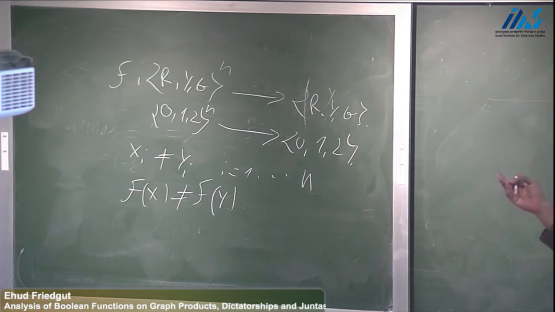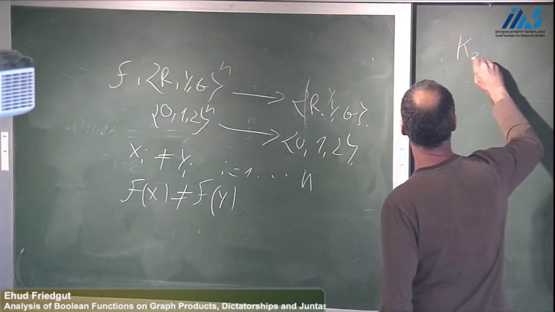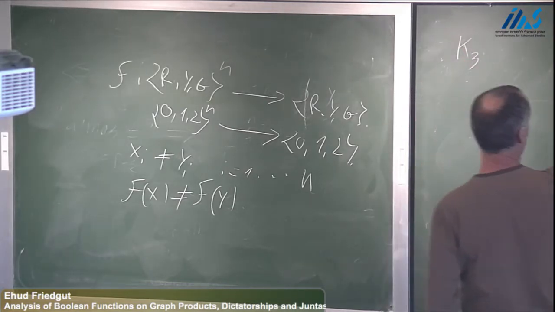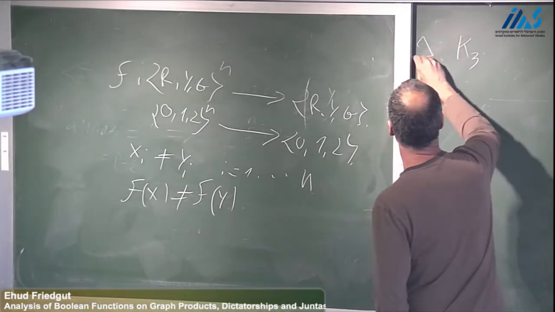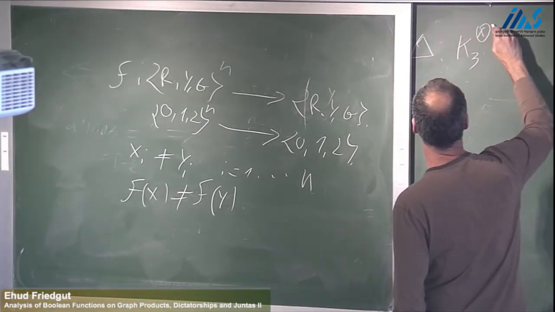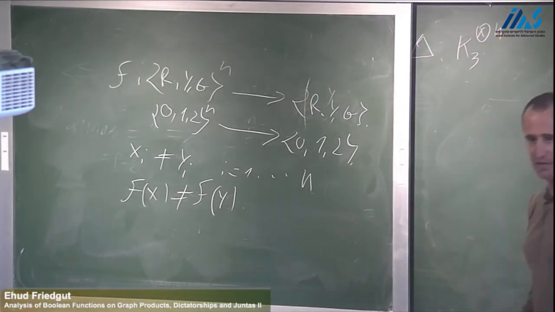so what we really have here, we're looking at the graph K3. K3 is the triangle. And we're looking at the nth tensor power of K3 with itself. There are various notions of graph products, and this is traditionally called the weak product of graphs, but it should be called the tensor product of graphs, and I'll explain in a minute why.